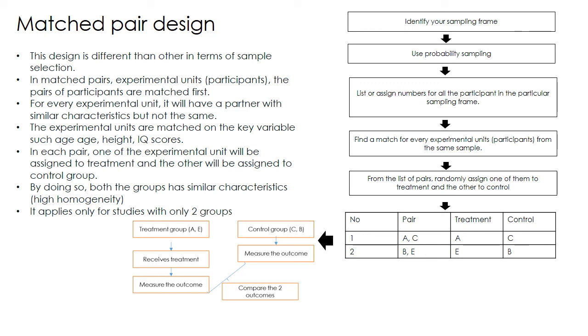You're having a similar sample tested twice, but even though we say similar samples, the samples are not identical. They still have some variation, because we are human. You cannot get exactly identical people in both groups.